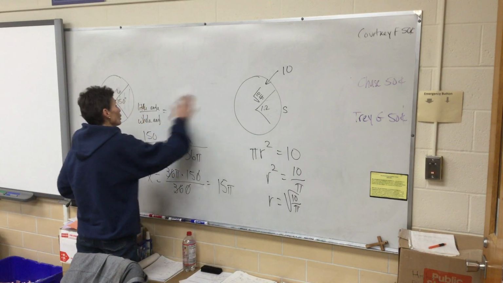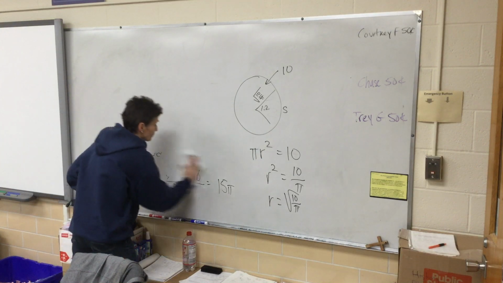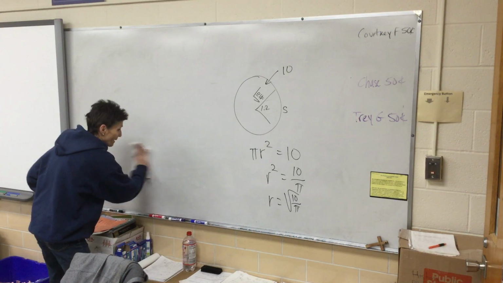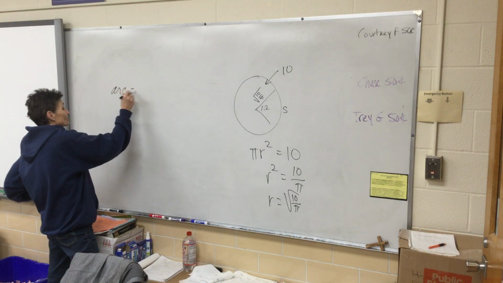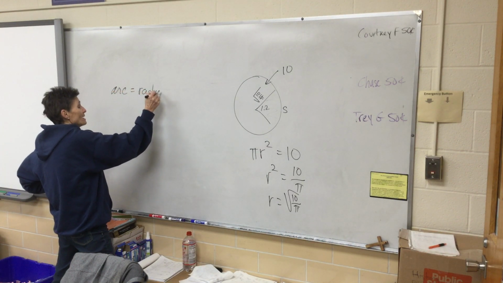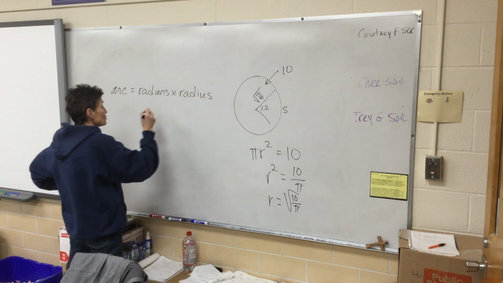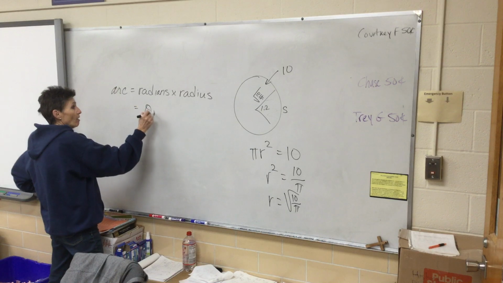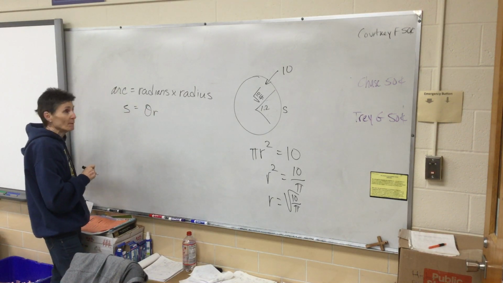Now we want arc length. And we learned in this chapter, way back at the beginning, that arc length equals the radian measure of the angle times the radius. You may have learned that as theta r or something like that, but it's the same thing.